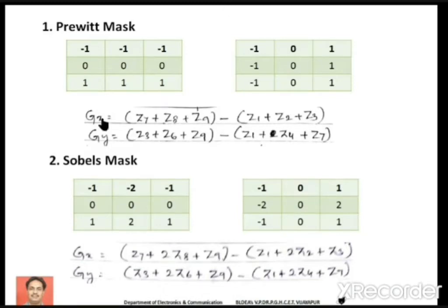So we are subtracting the sum of the first row values from the third row values to obtain the gradient along x direction in the Prewitt mask.